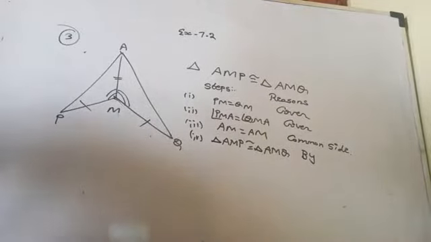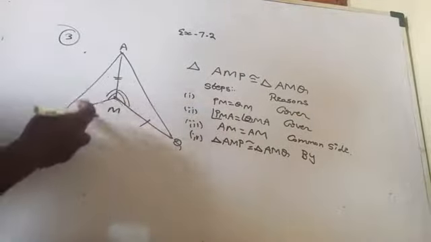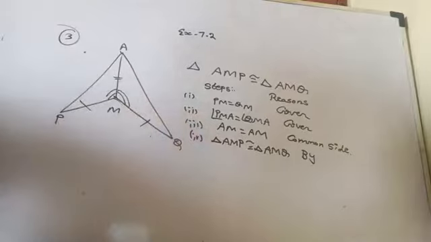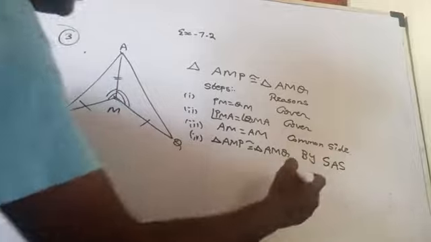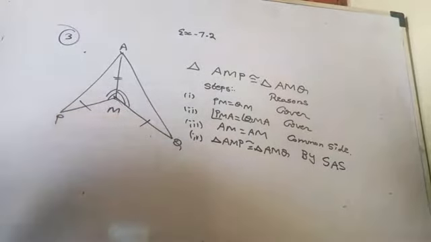By SAS, side angle side. By the SAS congruence rule, we can say that these two triangles are congruent. Are you getting there? Triangle AMP is congruent to triangle AMQ. Am I right? Yes.